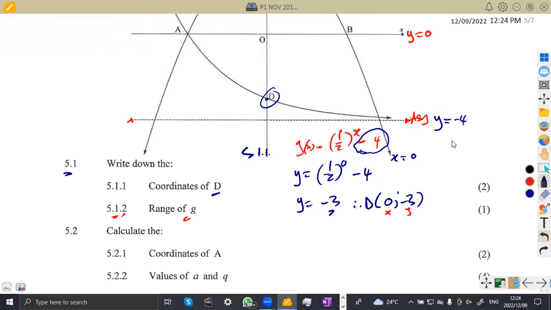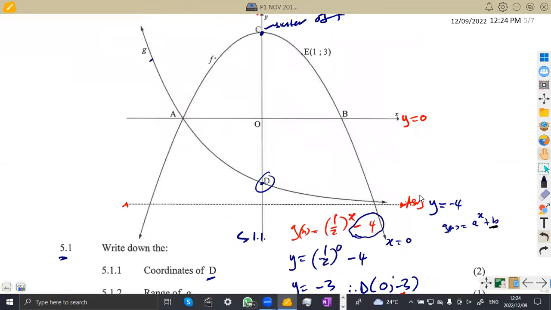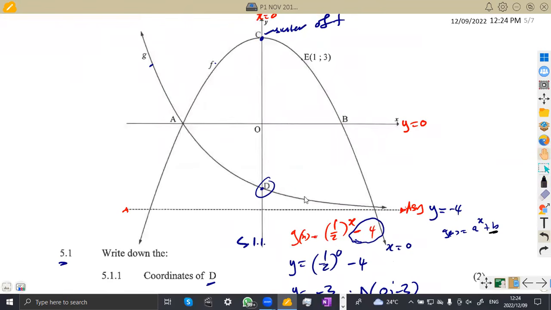So if you have g(x) as a to the exponent of x plus b, the b that we see here is the asymptote in terms of y. So y is equal to -4. Comparing our g, we can see that the values of g are above -4. We've got -4 here, then -3, -2, -1, 0, 1, 2, and so on.